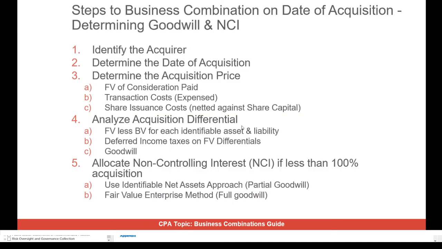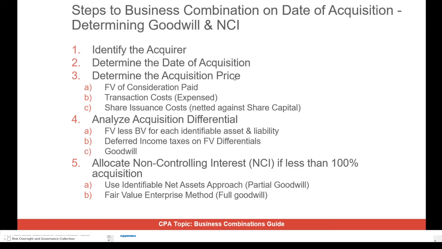And so when you're going through, here are the steps that you've got to work through, especially when it comes to your analysis. The main part of the case discussion is really going to cover identifying the acquirer and the date of the acquisition. The rest of the stuff is all strictly mechanical and what you would do in your Excel, okay? So once you've determined the date of the acquisition, determine the acquisition price.